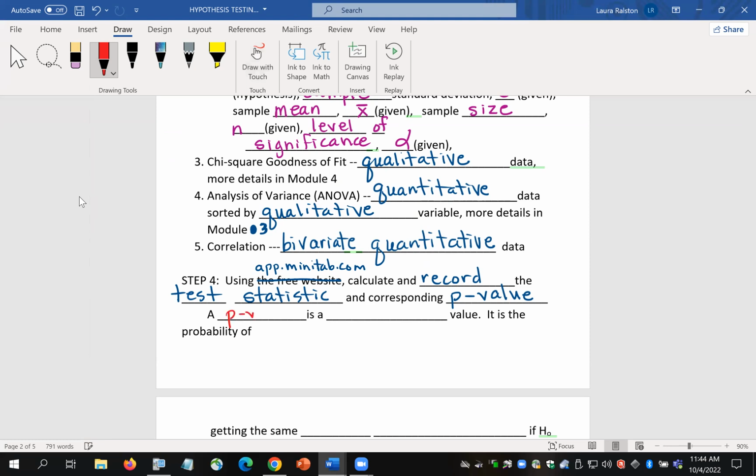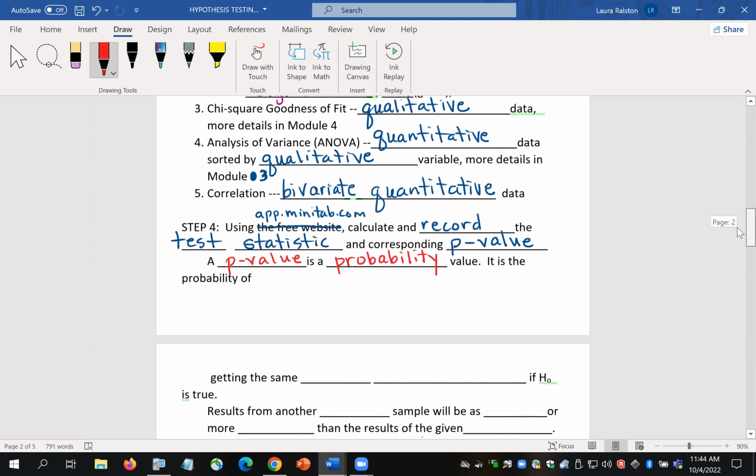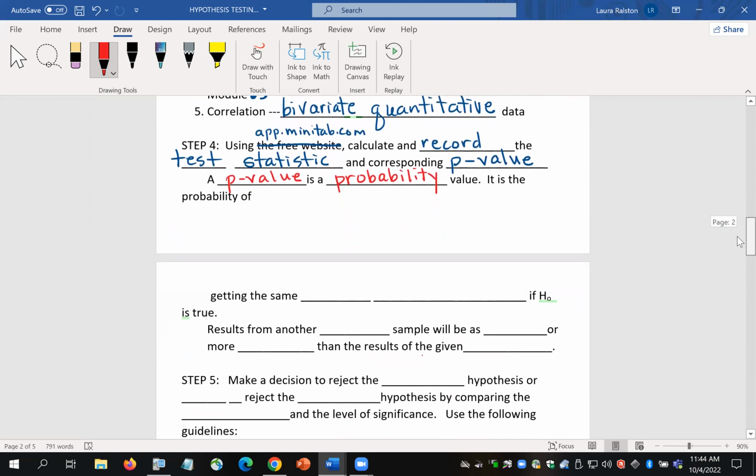A p-value is a probability value. Okay, kind of makes sense. P, first letter of probability is P, so it's a p-value. The p-value represents the probability of getting the same test statistic over and over and over again if the null hypothesis is actually true.